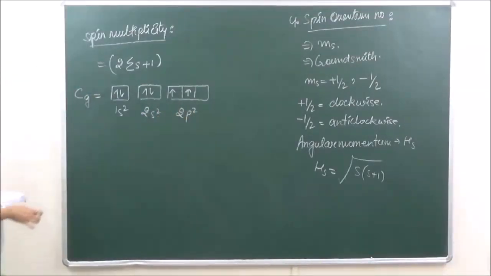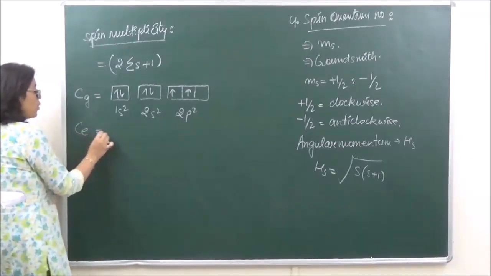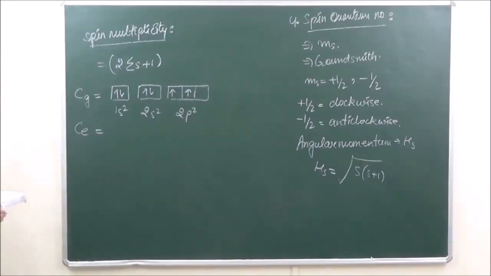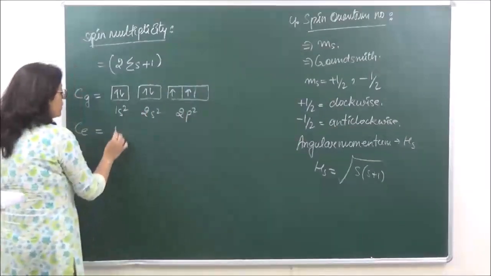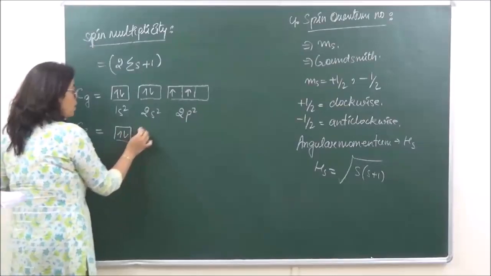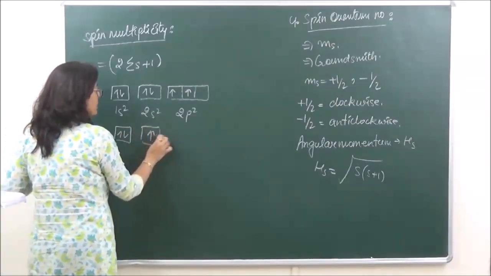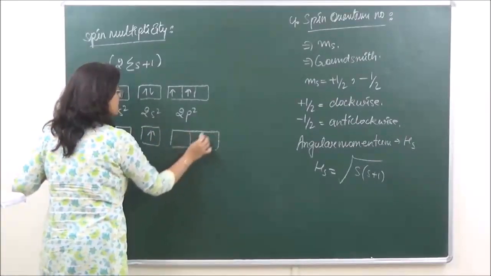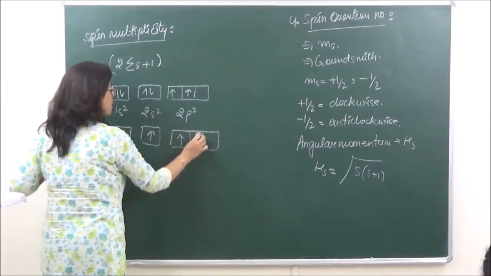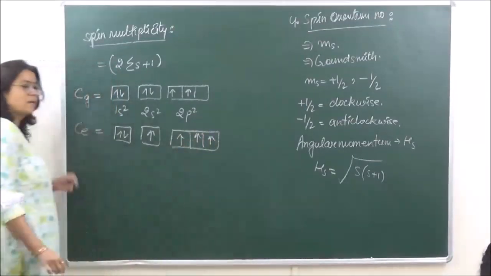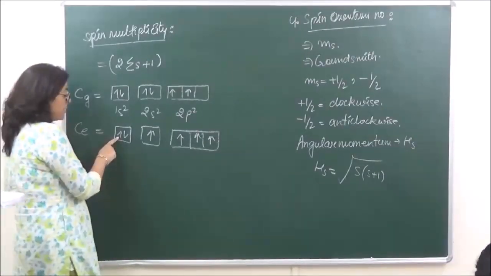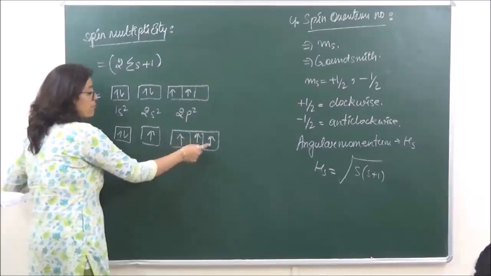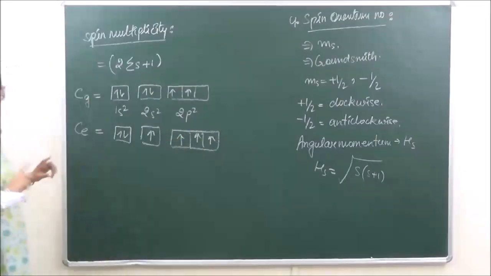When we are talking of the electronic configuration in the excited state, one of the electrons jumps from here to here. So we will have 1s2, 2s1, 2p3, right? Now over here there are 1, 2, 3, 4 electrons which are spinning clockwise.